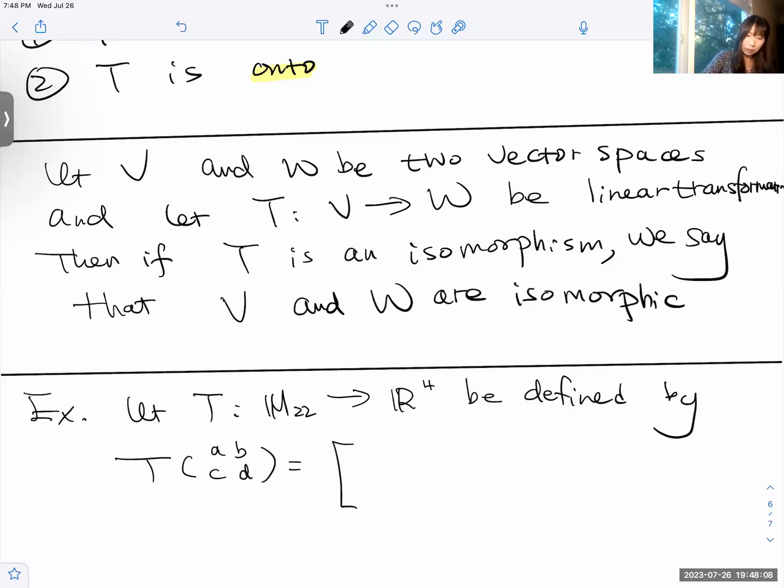That means 4-dimensional, 4 entries. Okay, so 4 entries means there are 4 rows: a, b, c, d.